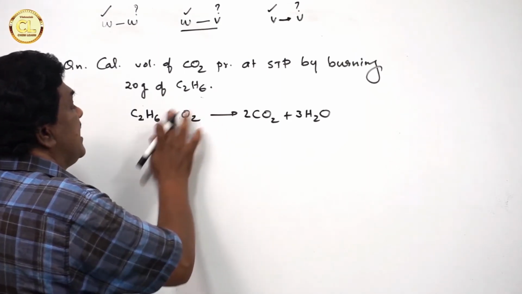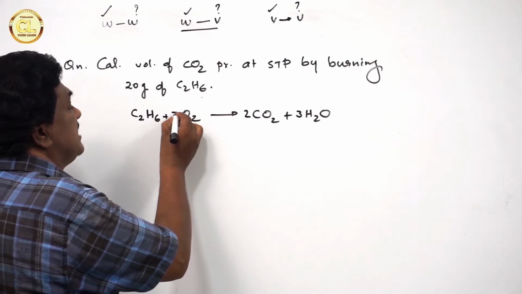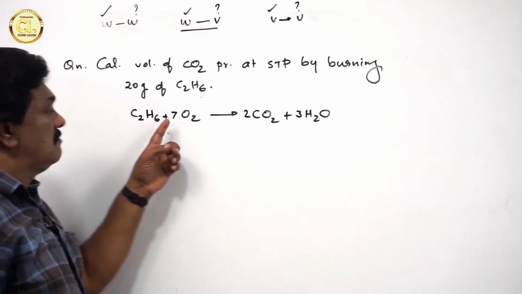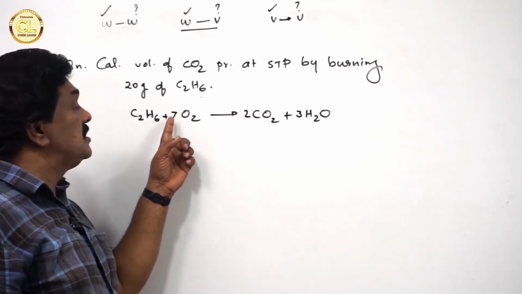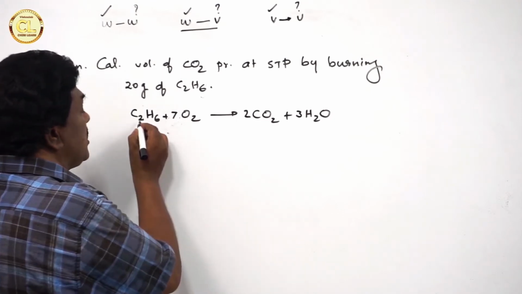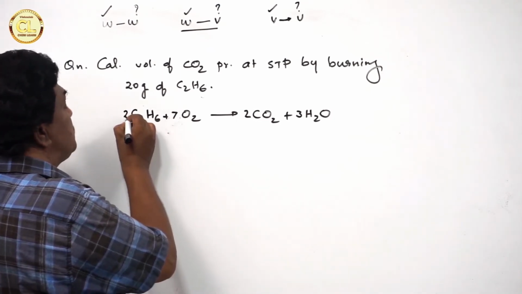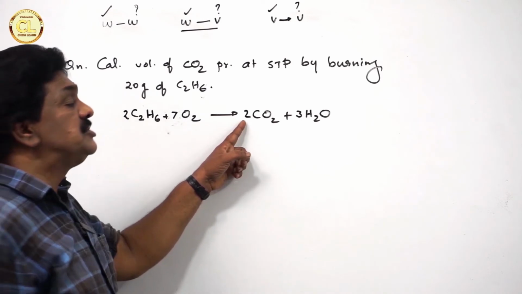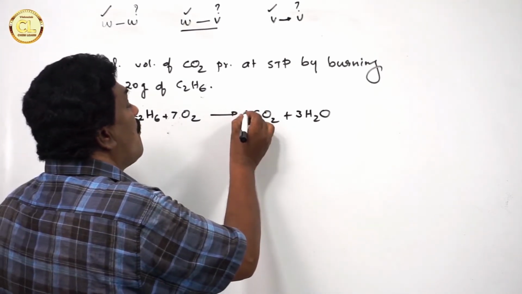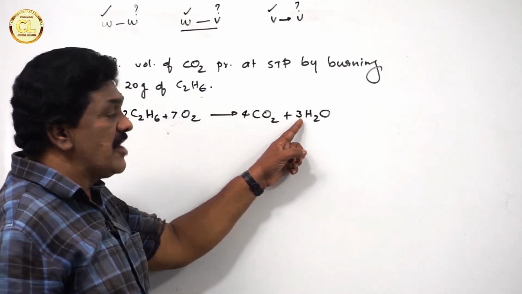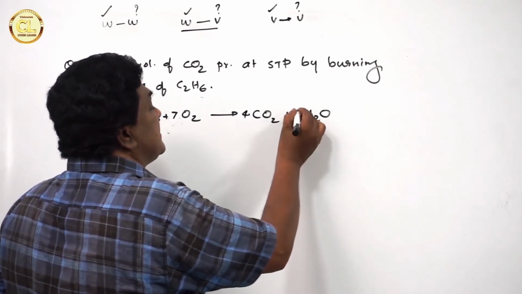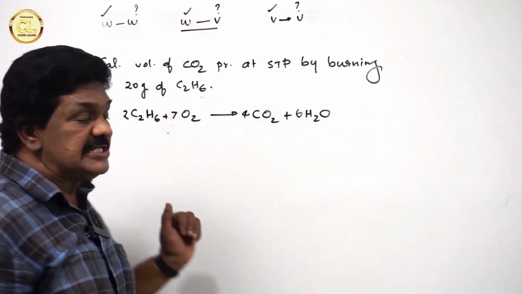Multiplying 3.5 by 2, it becomes 7. Multiplying this by 2, it becomes 2. Multiplying this by 2, it becomes 4. Multiplying this coefficient by 2, we get 6. Now check whether the equation is balanced.